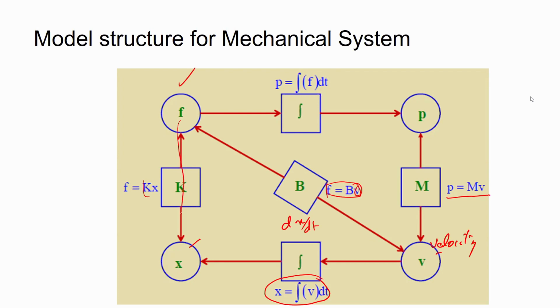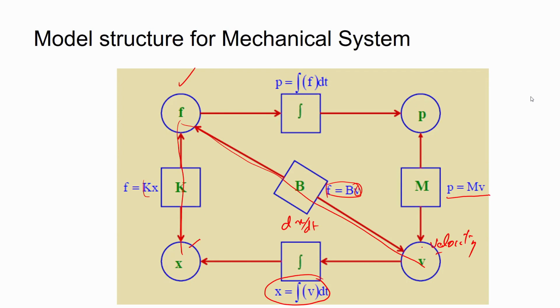F is equal to kx, F is equal to bv, and F is equal to, if we go over here, where do I go about that one? Let me see. F is equal to m.